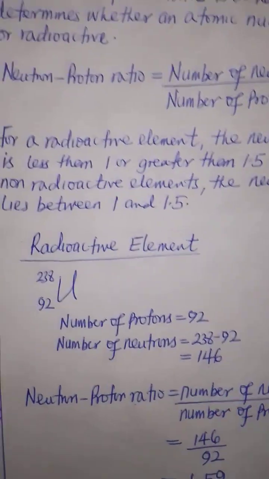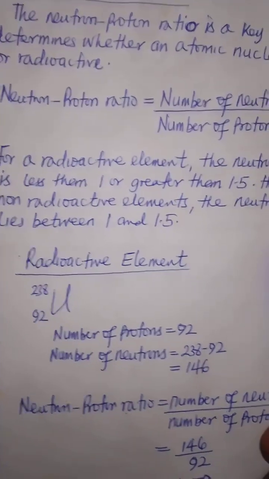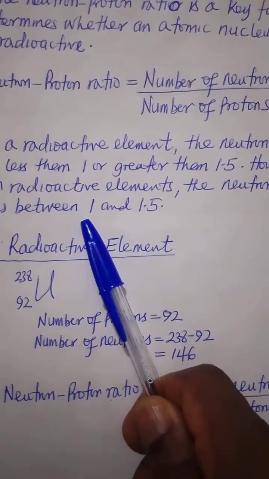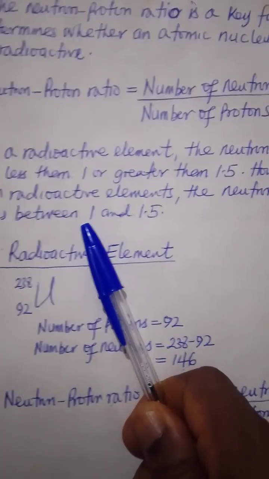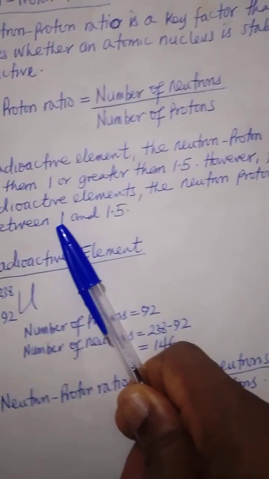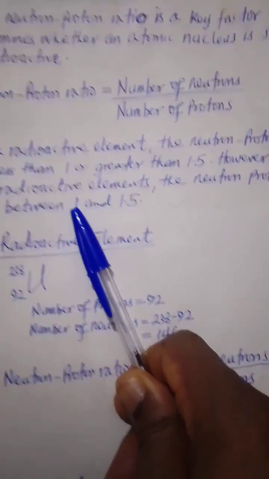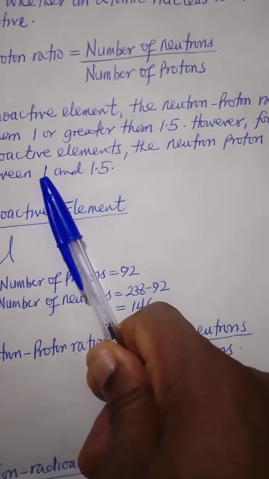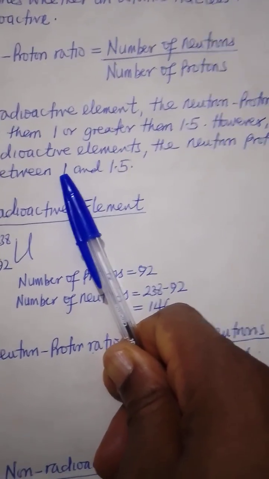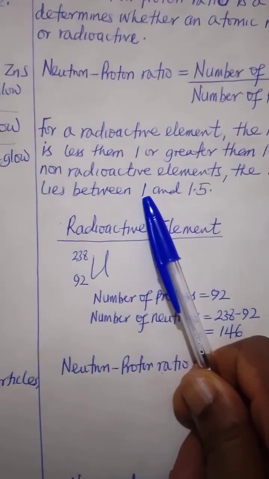However, for some stable nuclei, you could have exactly 1 as a neutron-proton ratio. A good example is calcium with atomic number 20 and mass number 40. So if you do that, you're going to get 1.